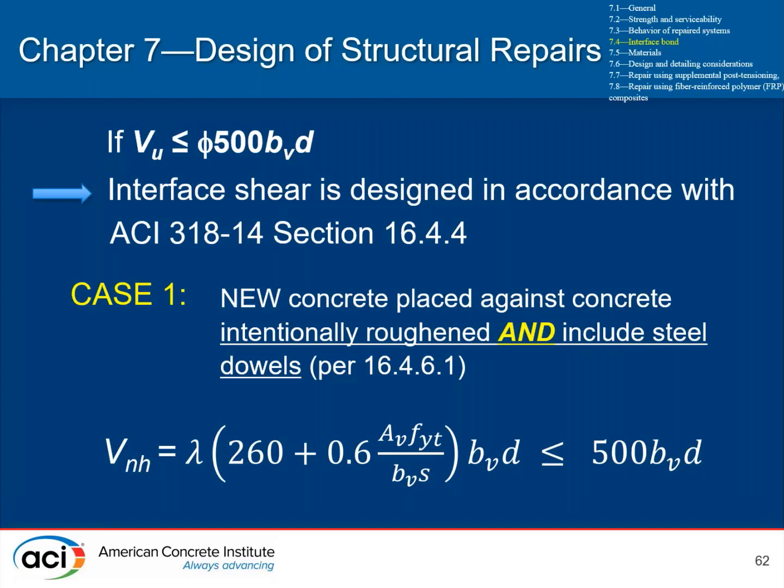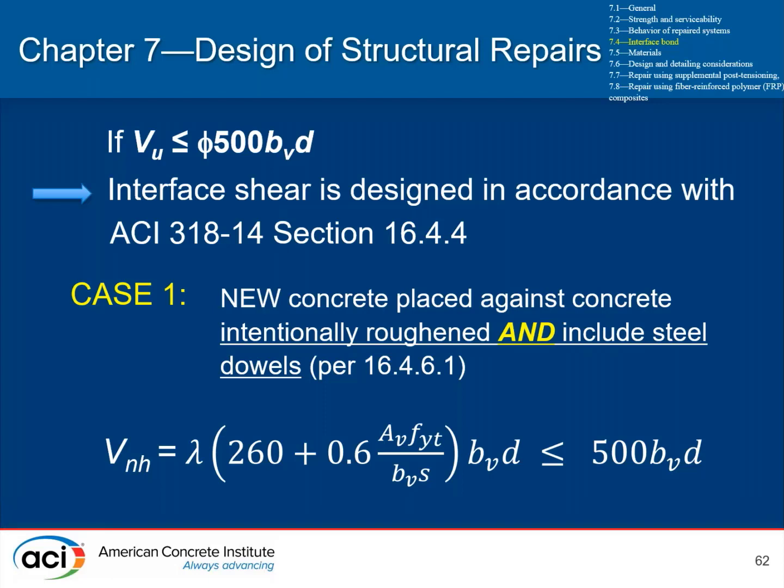For ultimate shear less than 500 bvd, which basically is 500 psi shear stress, interface shear is designed in accordance with ACI 318, section 16.4.4. Again, you can refer to ACI 318 for these equations, but essentially for new concrete placed against existing concrete intentionally roughened and including steel dowels, there's an equation for capacity there.